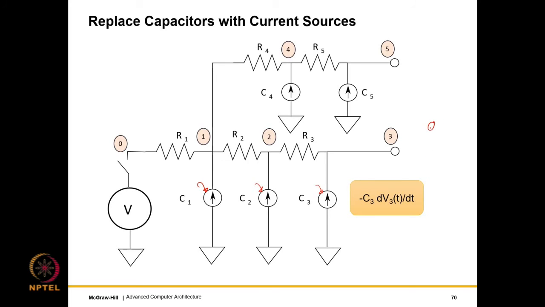Why is this? Because Q is equal to CV, and dQ by dt, which is the current, is essentially C times dV by dt. Given that the current is flowing in this direction, the minus sign comes in because the voltage is decreasing. So it is minus C3 dV3(t) by dt.